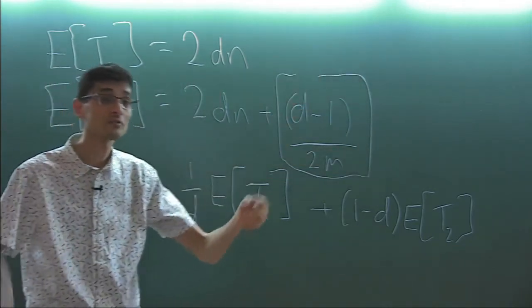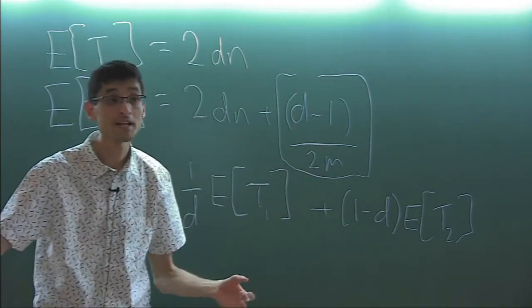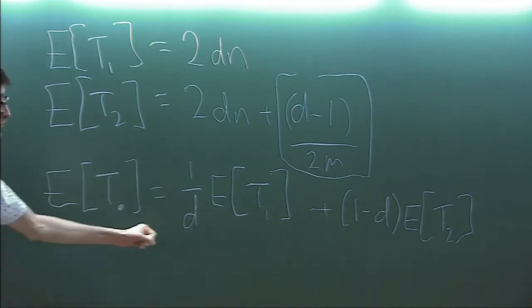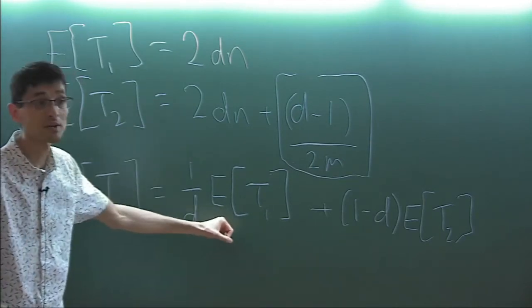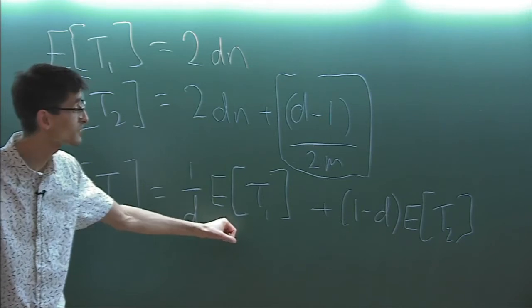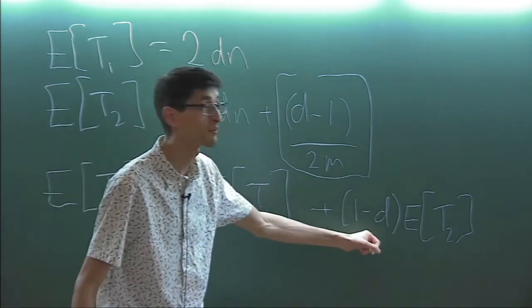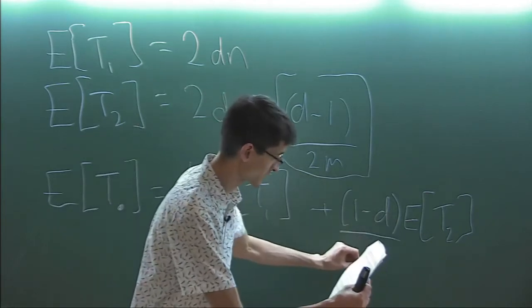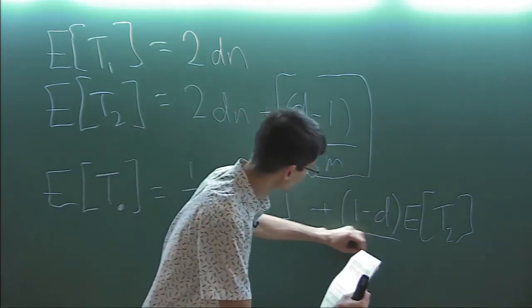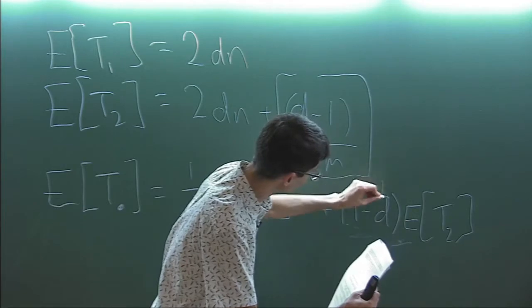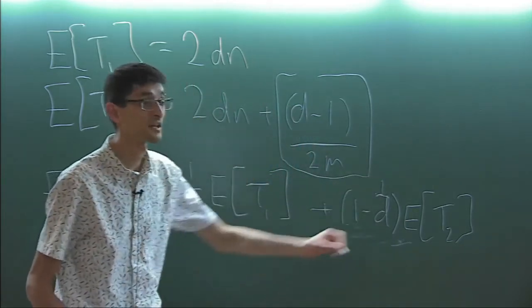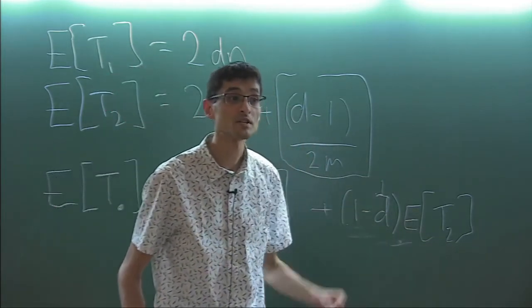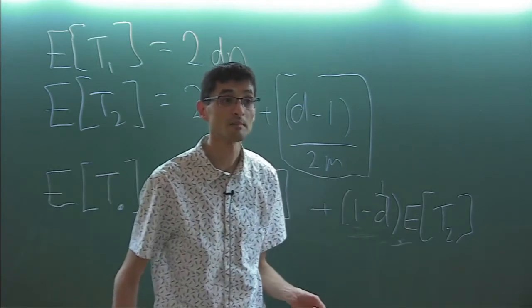We could say, what if we just sampled two alleles completely at random, which is what this represents? Well, there's a 1 over d chance that we would get the two alleles from the same deme, and a 1 minus 1 over d chance that we would get them from different demes. And so we could get the average coalescent time.